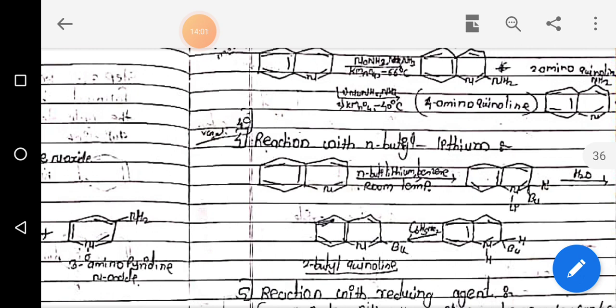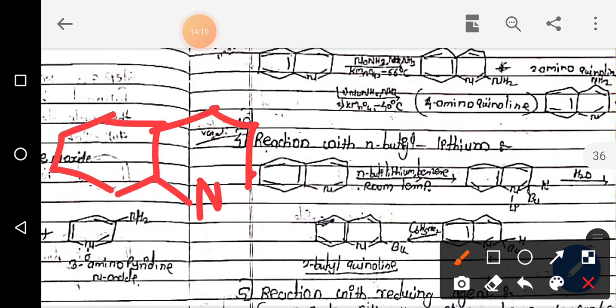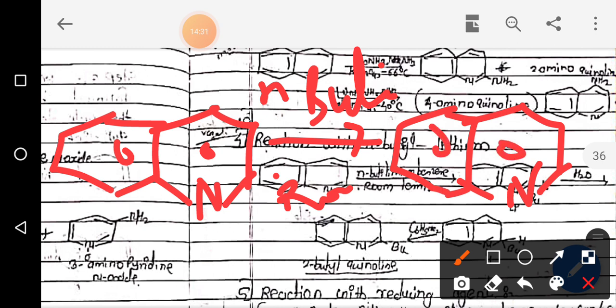So the reaction we can write in this way. We are doing it with n-butyllithium at room temperature. So we will get the product with a butyl group at position number 2.